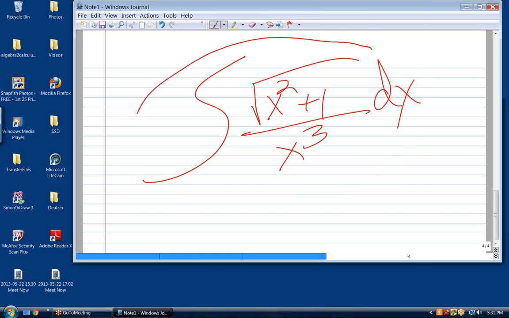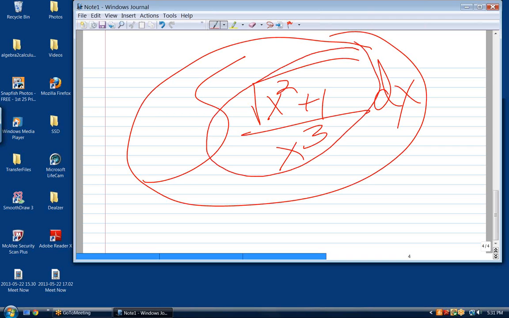I have no idea how to integrate that polynomial. It's too difficult. It doesn't match any of my rules. Substitution isn't going to work. Parts isn't going to work. But what if I could turn this polynomial into trig functions?